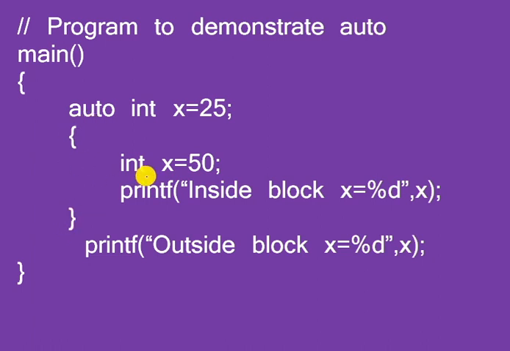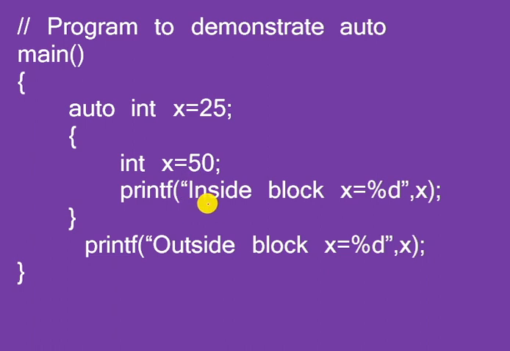Within the block I am taking int x equal to 50. So within one program I have declared a variable of the same name two times, one outside the block and another inside the block. Even though it is just int x equal to 50, here also x is treated as an automatic variable.